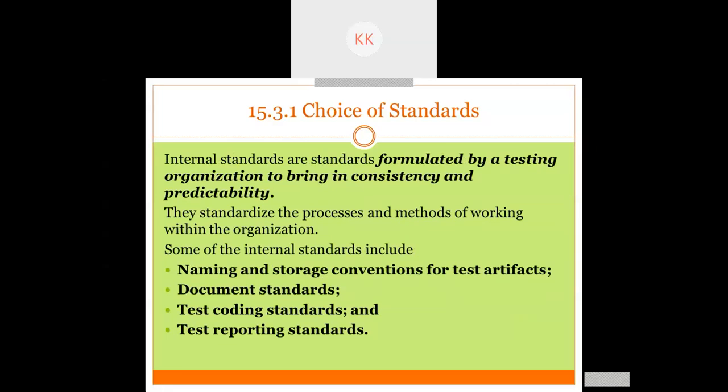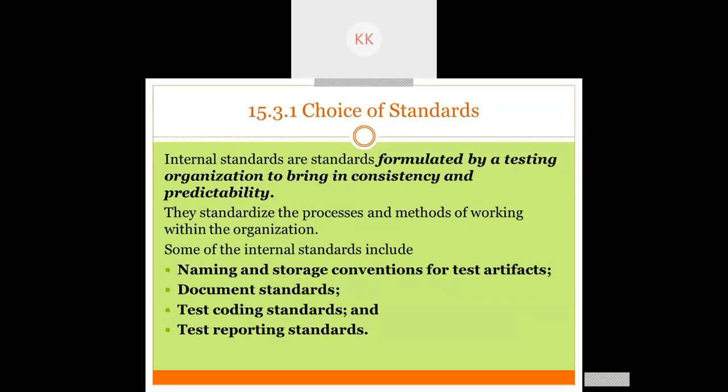Internal standards are standards formulated by a testing organization to bring in consistency and predictability. So for predictability and consistency, it is very necessary to have a standard. You can have internal standard as well as external standard. Internal standard is adopted by a particular organization to have consistency and predictability in the system.